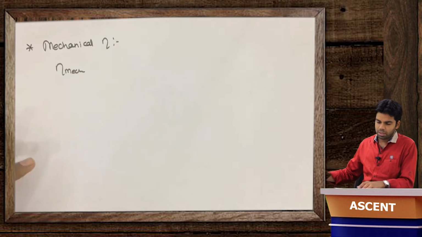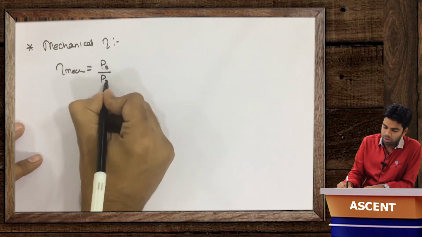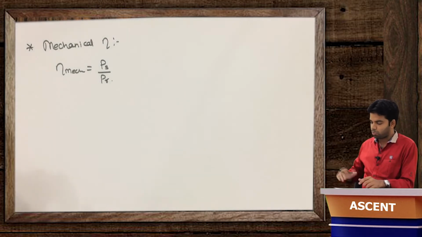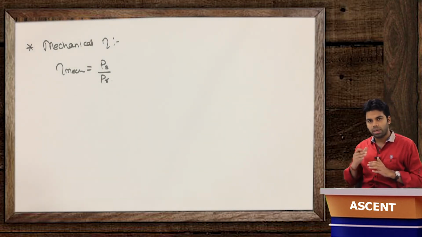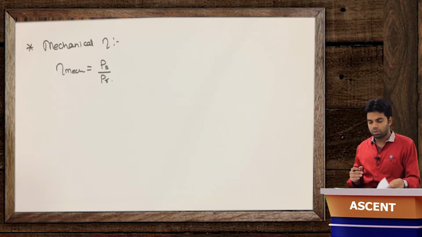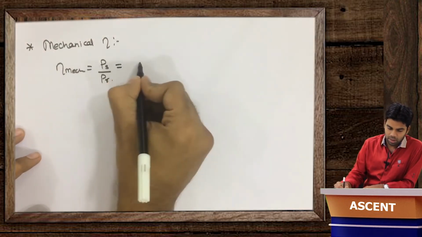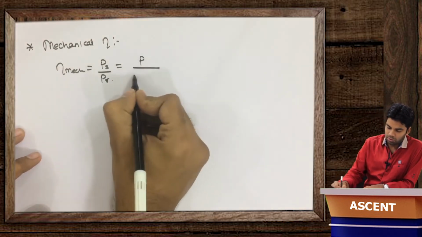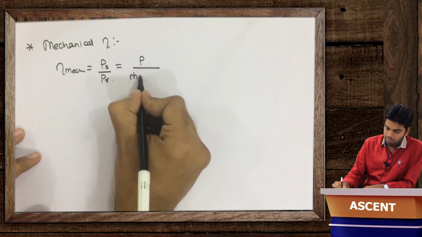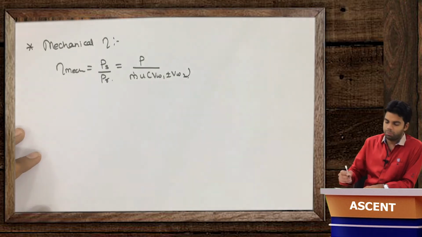So mechanical efficiency is very simple. This is nothing but the ratio of shaft power to runner power. That means output of shaft divided by input of shaft. Shaft is getting input as runner power, and output it is leaving as shaft power. Okay, so this ratio of shaft power to runner power is nothing but this mechanical efficiency. So this can be written as final power or shaft power divided by runner power, which is m u (Vw1 plus minus Vw2).